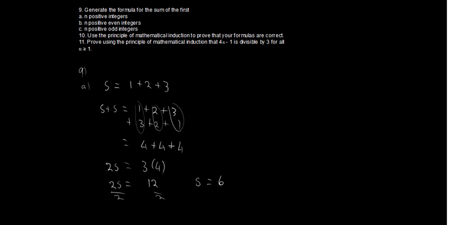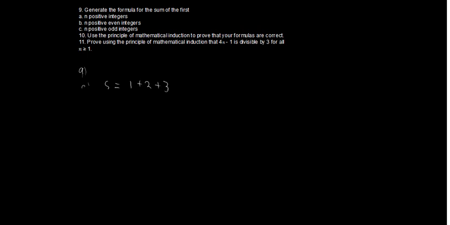So we're going to use a similar process, only the fact that we don't know where this is ending. We don't know where our summation is ending. Instead of the first 3 integers, we're going to have the first n integers. So how we're going to do this is as follows. We say 1 plus 2 plus 3 plus dot dot dot plus n.